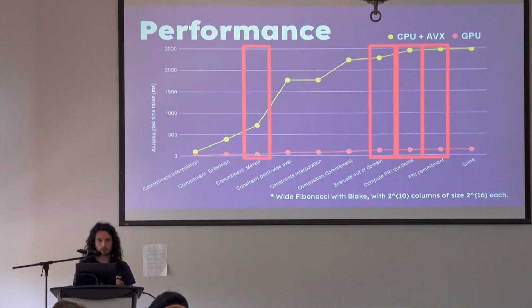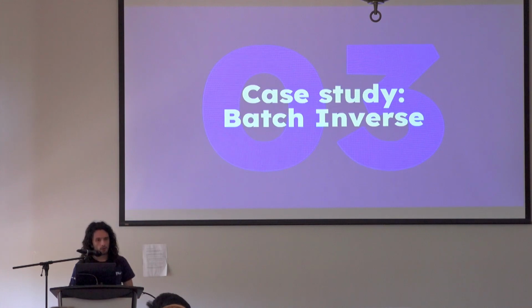This talk will be focusing on examples in these parts, which are first a Merkle commitment, and then some stuff having to do with FRI. We won't go into detail, again, on Stu's protocol, but just so you know, this is where today's talk will focus. Now, the first case study, batch inverse.